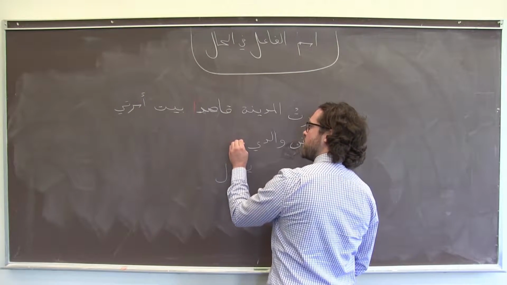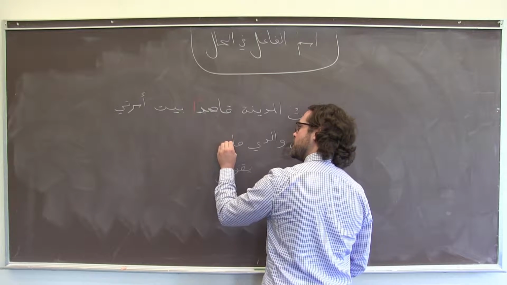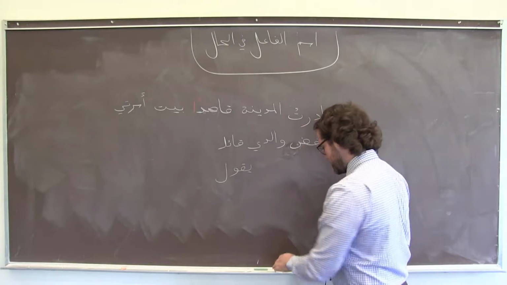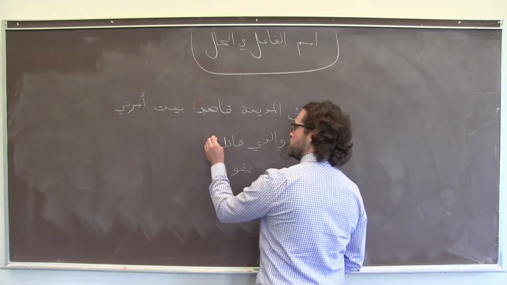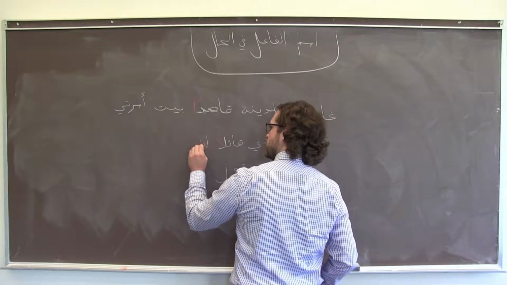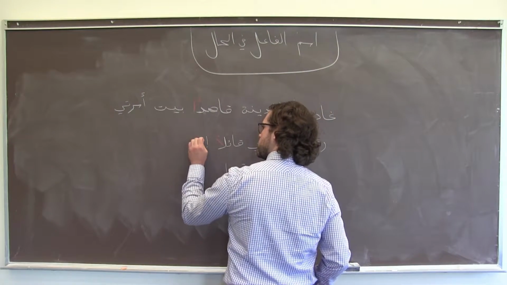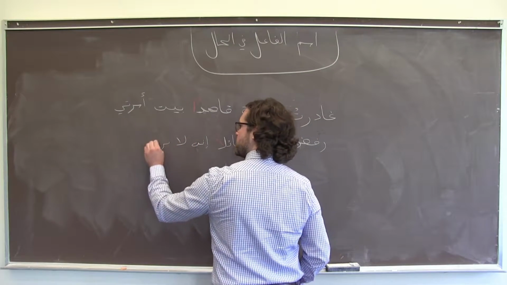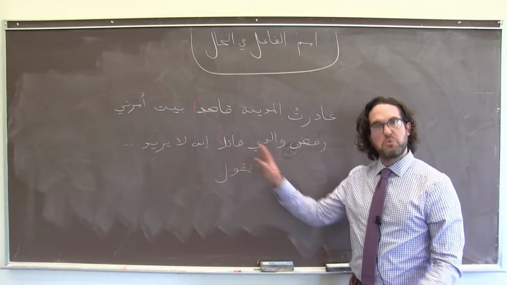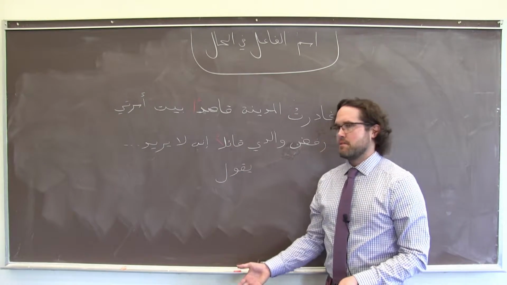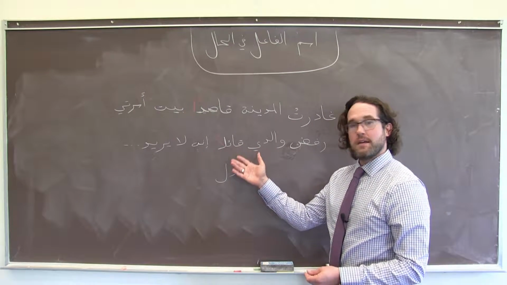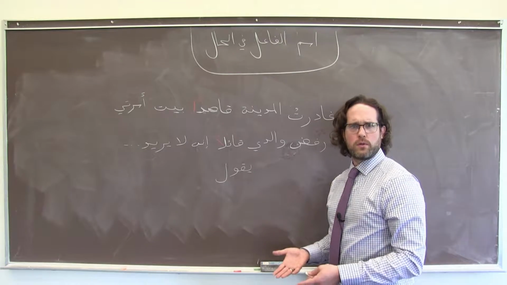So our اسم فاعل would be قائل, and then again we need to make it mansoob. قائلا إنه لا يريد, etc., etc. My father refused sayingly that he doesn't want, etc. Again, we couldn't phrase it that way in English, but in Arabic it's almost more regular, right?